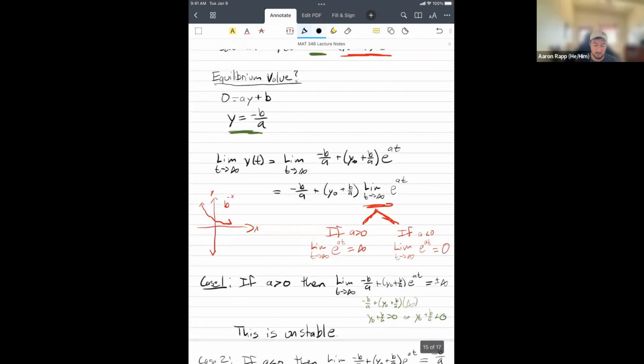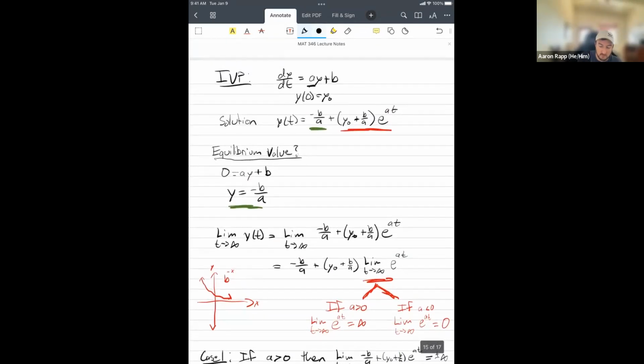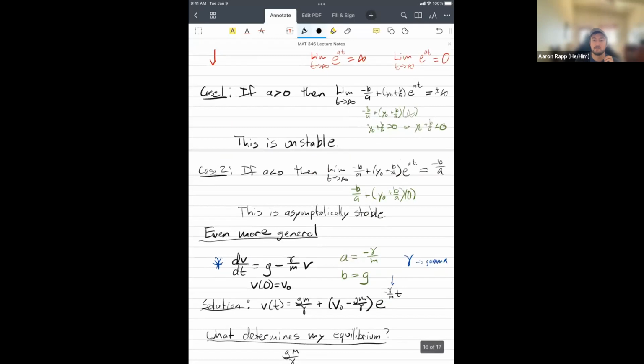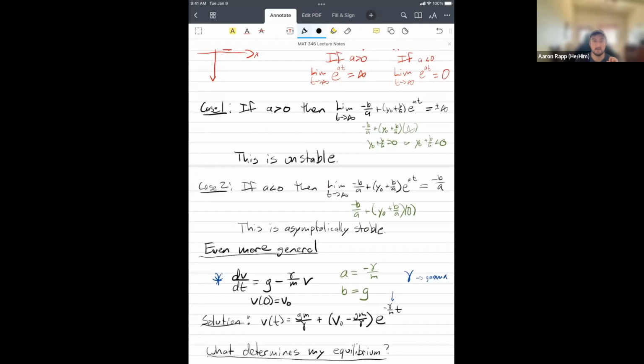When I go back to how it was written, A times Y, A is a constant multiplied by my solution Y. We did all this work in general to say that if A is positive, then I know that equilibrium has to be unstable.